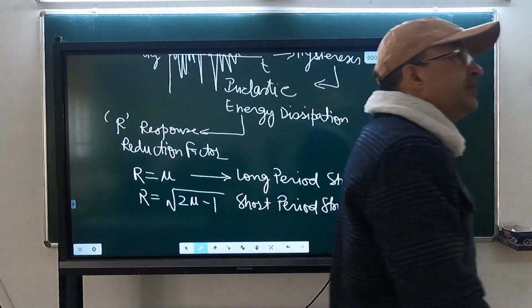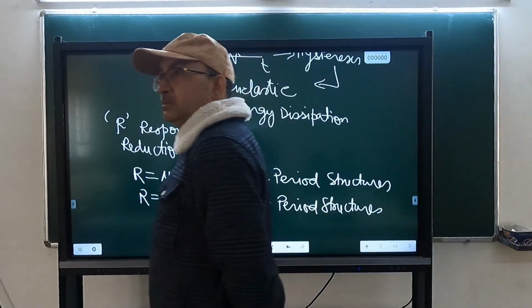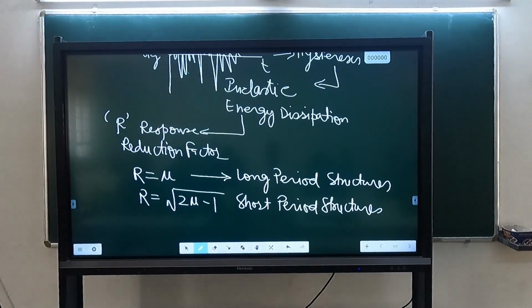How do we know the ductility of a structure? You can calculate R if you know the ductility. How to obtain the ductility of a structure? Ultimate displacement and yield displacement.